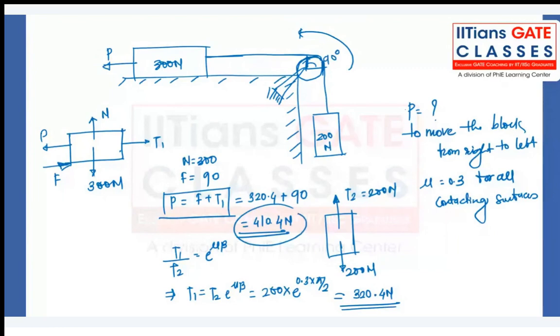See, Harsh, in the question itself, it is given. Try to go through the question carefully. What is the value of force P to move the block from right to left? So to move the 300 Newton block from right to left means the direction has to be like this, right? Are you following?